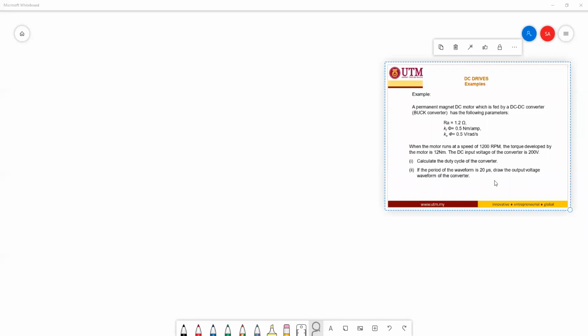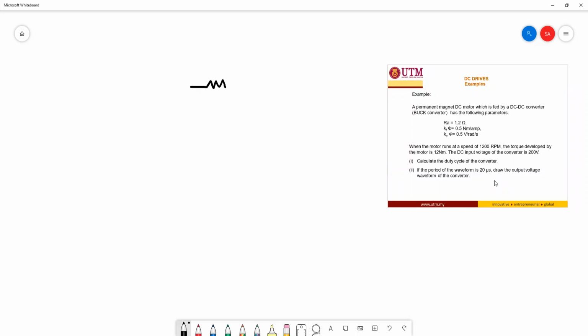So first, let's draw the circuit first. So we have RA, and we assume that it is a steady state. We can ignore the inductor, LA. So this is your back EMF, EA, which is KE flux, speed of the motor. And then this is your RA.